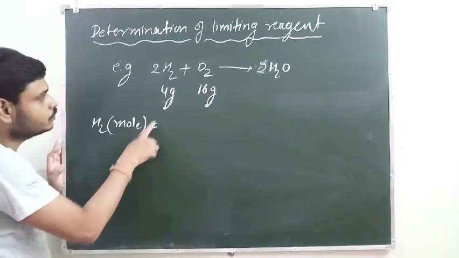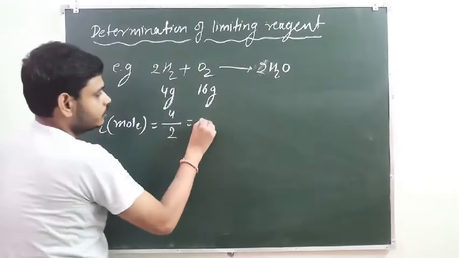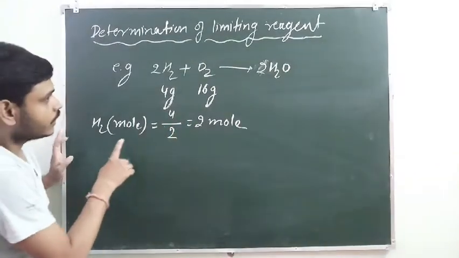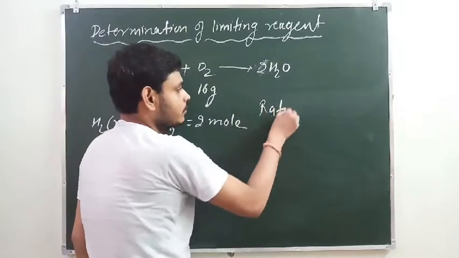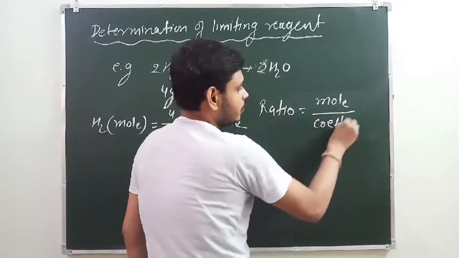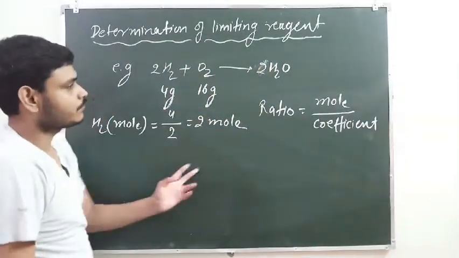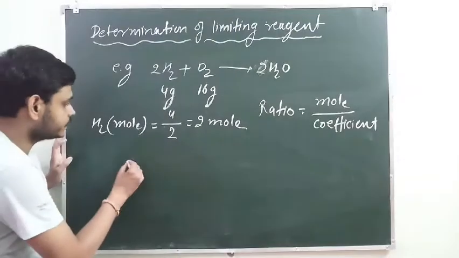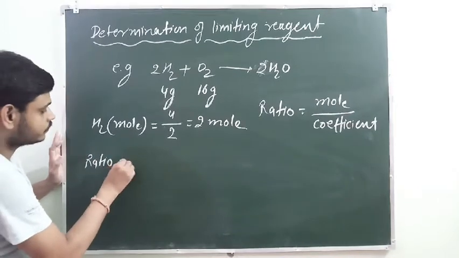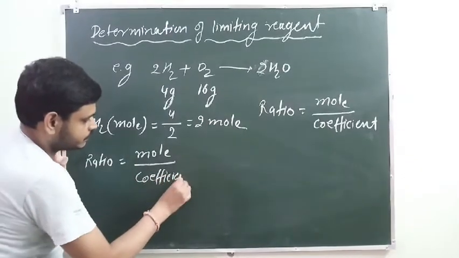Weight of hydrogen is 4 divided by molecular weight 2, so 2 moles of hydrogen, and the ratio of mole coefficient for hydrogen reactant is mole divided by coefficient.